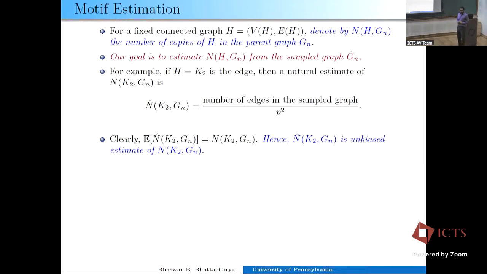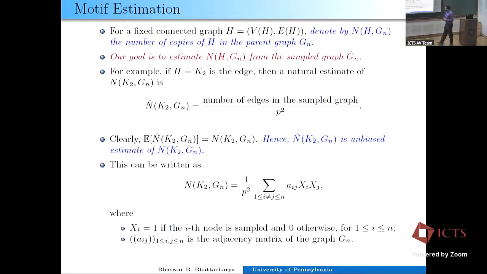Okay, so that is a simple unbiased estimate, right? You take the number of edges in the observed graph, you just divide it by the probability of observing an edge. Linearity of expectation tells you this is unbiased. Just for some mathematical convenience that will be relevant later on in the talk, I'm going to write this in a somewhat algebraic manner.